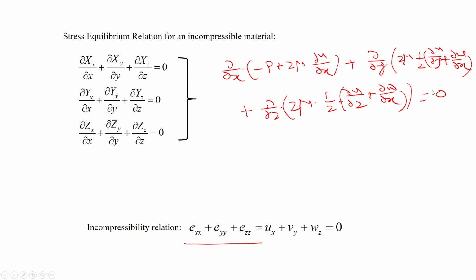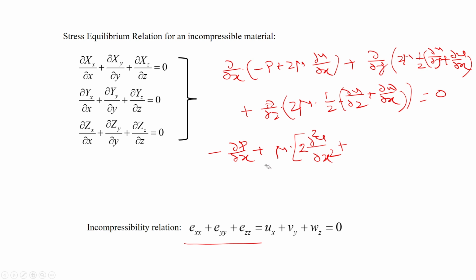If we now elaborate this further, it will be minus del P by del x plus 2 mu, and we will have here del square u by del x square. We will also have the factor 2, so let us get rid of this 2 here, so mu into this.